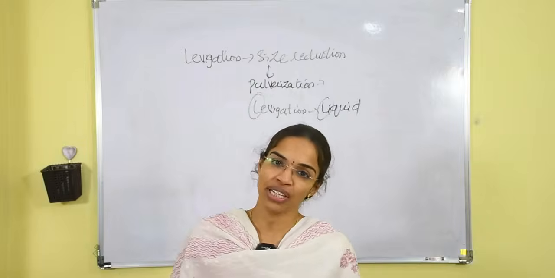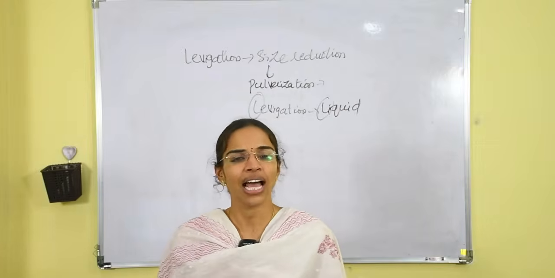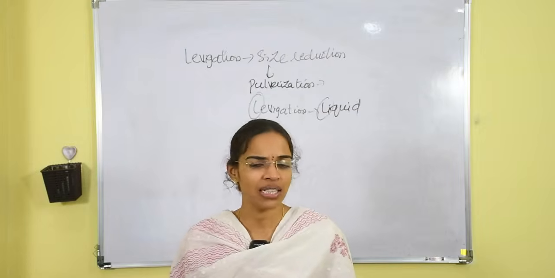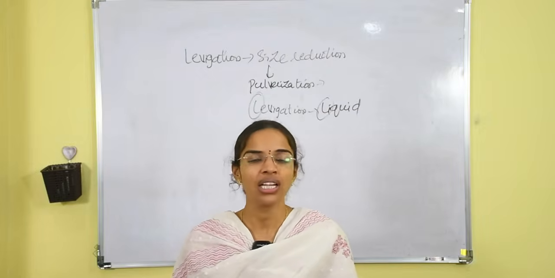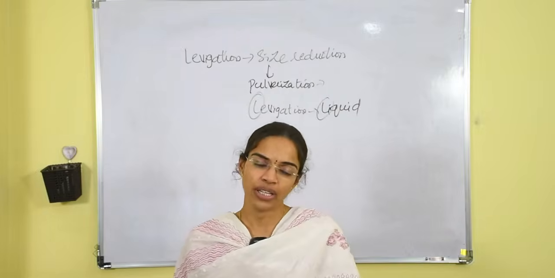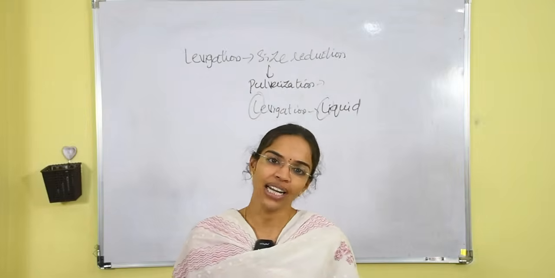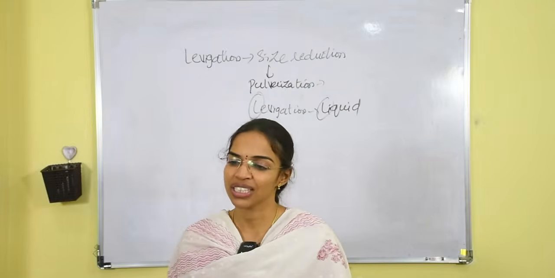Reduction and mixing. Okay, so that is about levigation. In tablets, syrups and capsules, we don't need any levigation. If we need an optimum particle size, we can go for pulverization or milling. And in ointments we need levigation. Okay, fine, move to the next slide please.